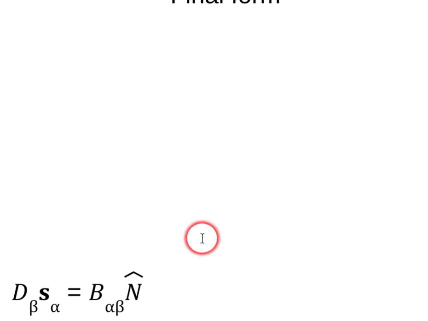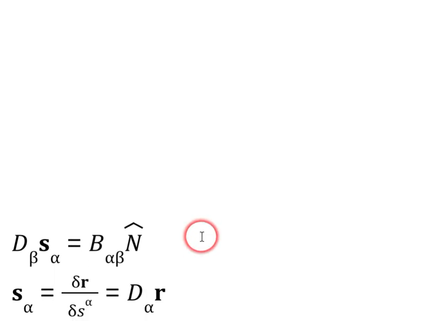So let's get rocking. In the video, we found this relationship: the covariant derivative of a covariant basis vector is equal to the curvature tensor times the vector. Now, what is a basis vector? A basis vector is the derivative of a position vector with respect to a coordinate.